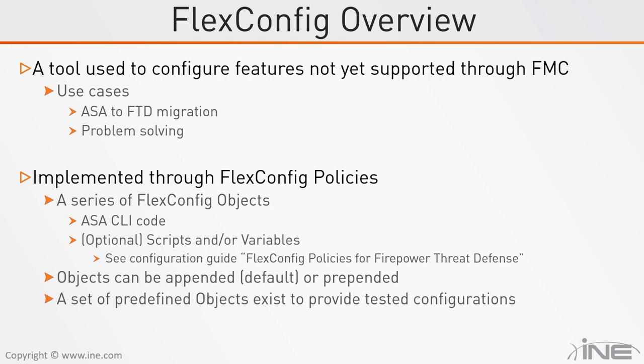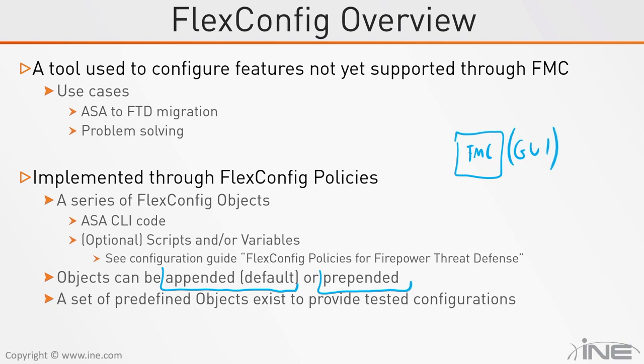Okay, as we will see, there is also a concept of appending and prepending the content of the object as we deploy the policy on the FTD. So the logic is like this. We've got our FMC config, which is populated via the GUI. This is what you use as your primary tool for configuration of an FTD device.